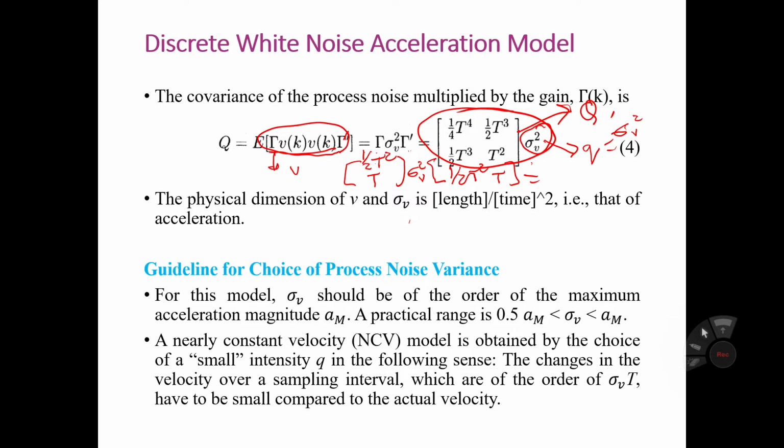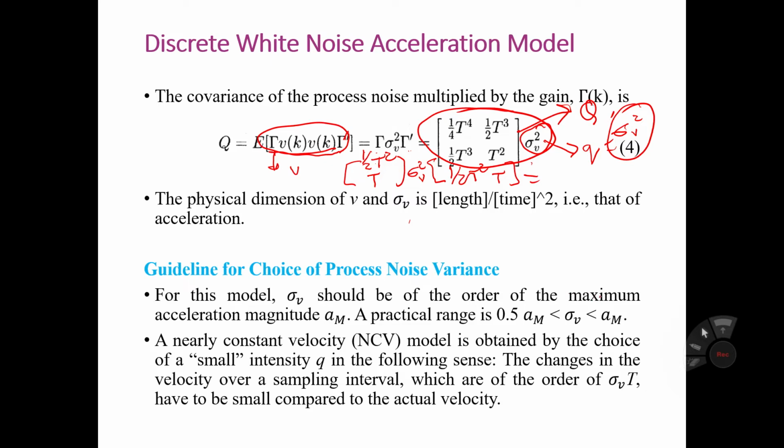So how do we choose the standard deviation for the process noise variance? This is a guideline for the choice of the process noise variance. For this model, sigma v should be of the order of the maximum acceleration magnitude. This acceleration is not for the object state.